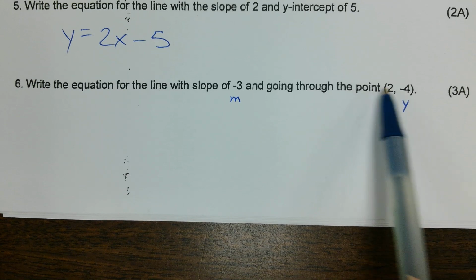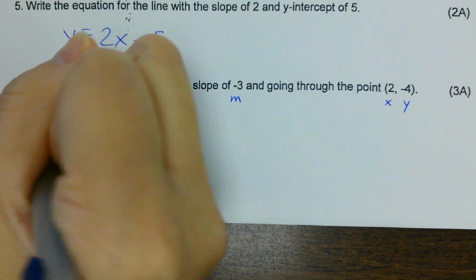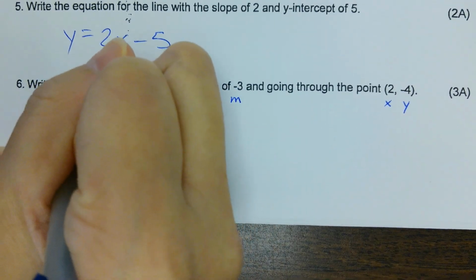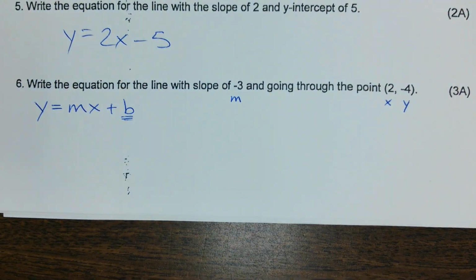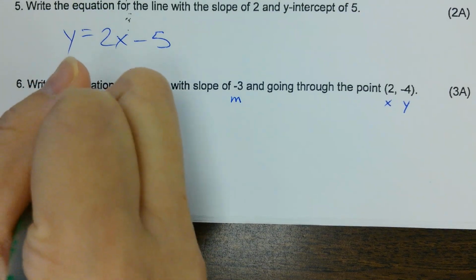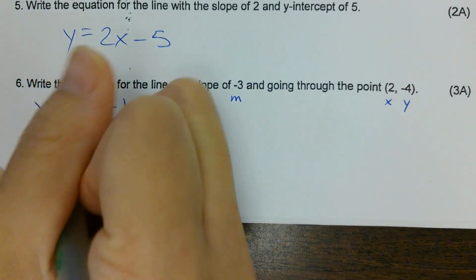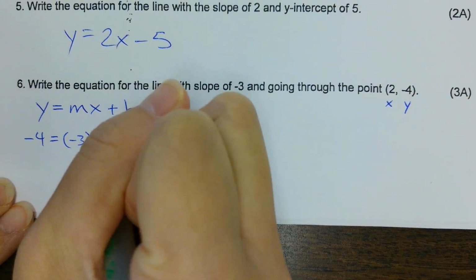You're given this point, so the x and the y, and that's your m. So what are we trying to solve for here? b. We have the slope, we need b. Annie, what is y? Negative 4 equals negative 3, open bracket, 2, close bracket. Good.